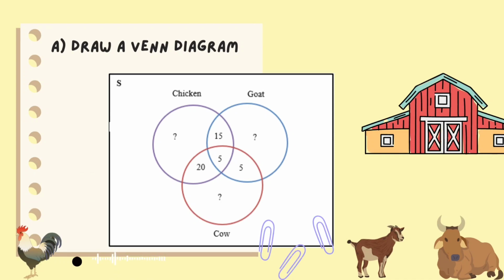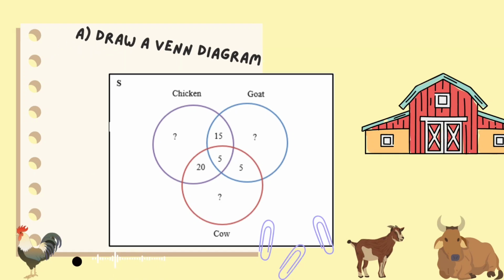Then, write 20 in the overlapping area between the purple and red circles, which indicates households that raise chickens and cows. For households with goats and cows, there are 5 households. For households that raise chickens and goats, there are 15 households. Furthermore, to fill in the unfilled parts, we only need to calculate by subtracting, as in the next question.